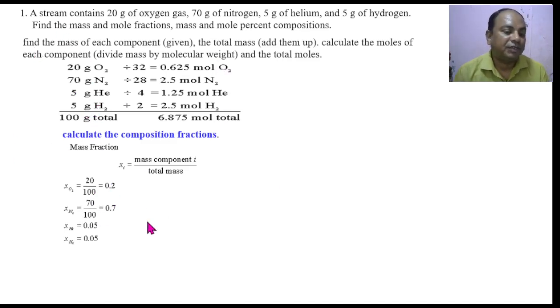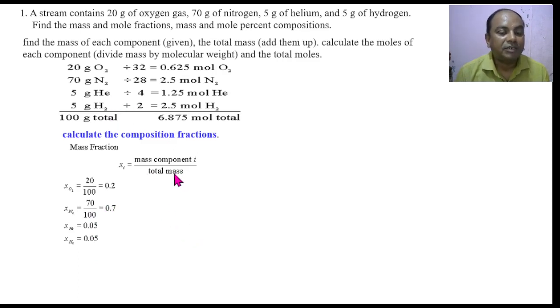The mass of oxygen is 20 divided by the total mass, which is 100. So it comes out to be 0.2 as the mass fraction of oxygen in the stream. Similarly, you can calculate the mass fraction for each constituent: 0.7 for nitrogen, and 0.05 for helium and hydrogen.